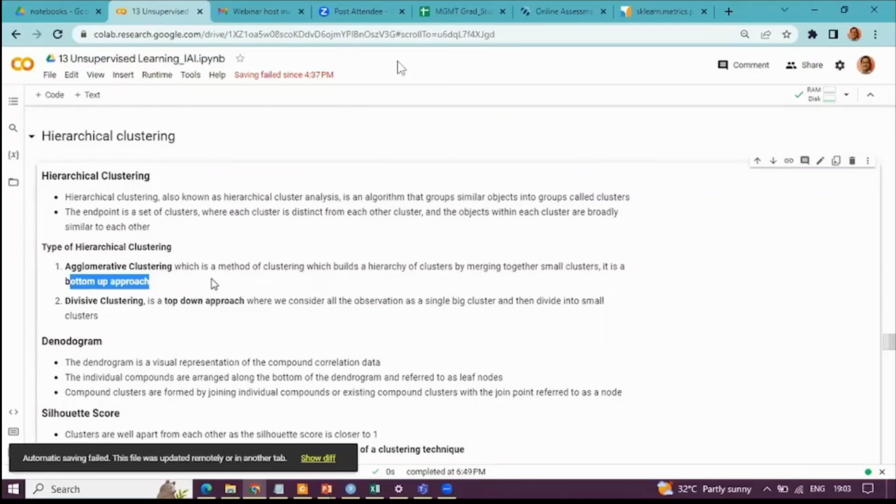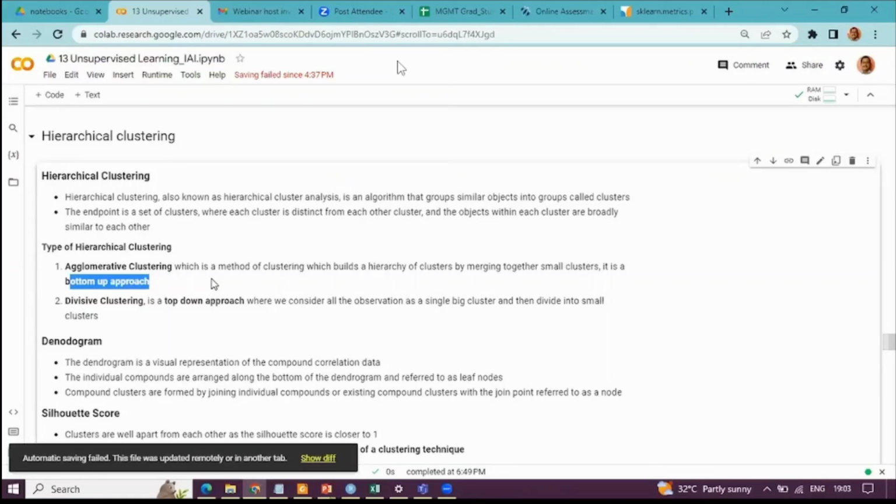And in the case of divisive clustering, which is otherwise called top-down clustering, we start with one single cluster containing all 167 observations. And then we keep on splitting that cluster until we arrive at 167 clusters.